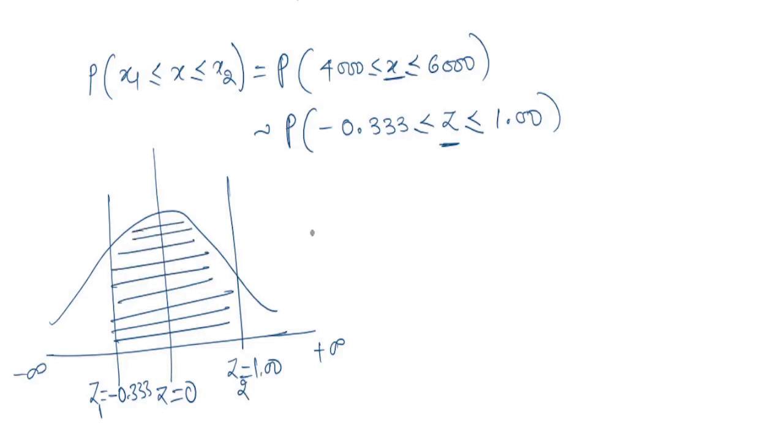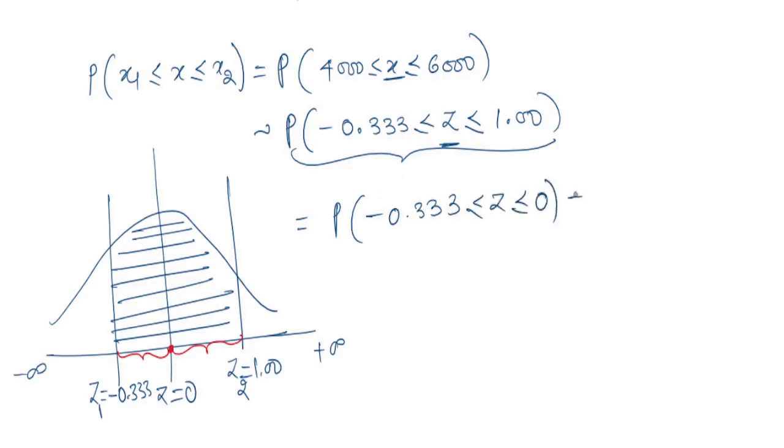It is nothing but the sum of two regions. The first region is minus 0.333 to 0 and the second region is 0 to 1. So the probability of minus 0.333 less than or equal to z less than or equal to 0 plus the probability of 0 less than or equal to z less than or equal to 1.00.